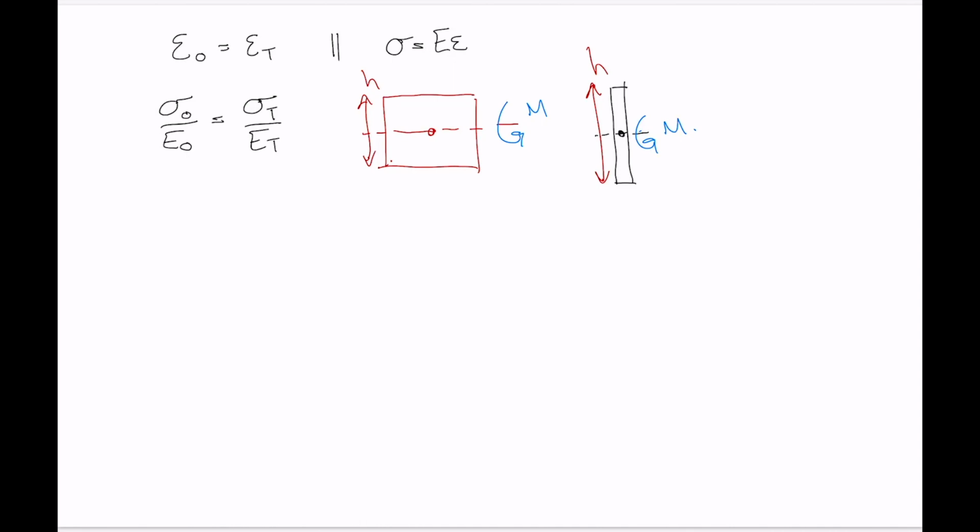So you want to preserve the dimension that is perpendicular to the axis of bending and just change the dimension that is parallel to the axis of bending. So this is W naught, this is W t.